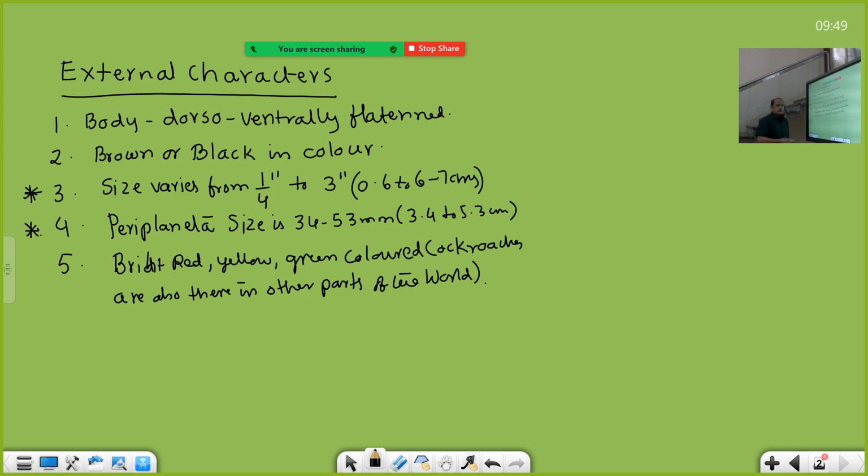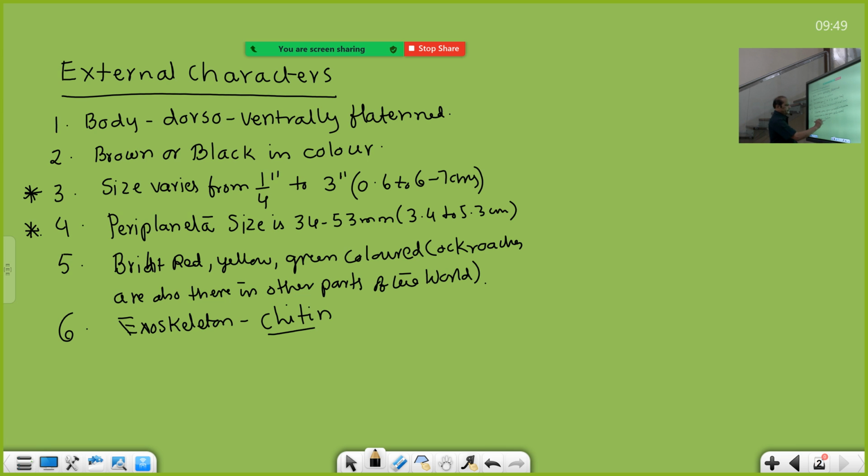Nocturnal, omnivorous, cursorial, I have already mentioned in the introduction, so there is no need to write it down here. Here the body is covered with exoskeleton. The exoskeleton is chitinous, made up of chitin, a hard substance.